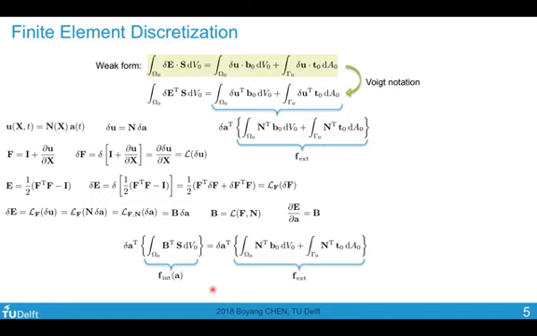And as we already know, the internal force vector is a function of A, our nodal degree of freedom. But where does A come from in this expression?